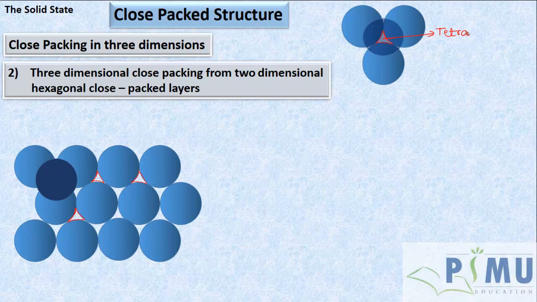Void means a kind of space. This space is called a tetrahedral void.